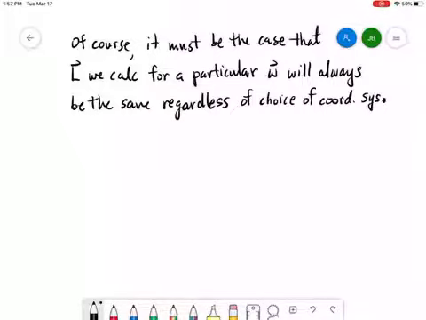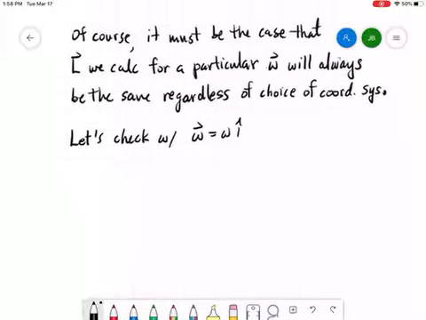Now we're going to find that it's always more convenient to work in a coordinate system that are the principal axes, but we don't have to do that. So I want to do a little verification calculation. Let's check with omega along the x direction.